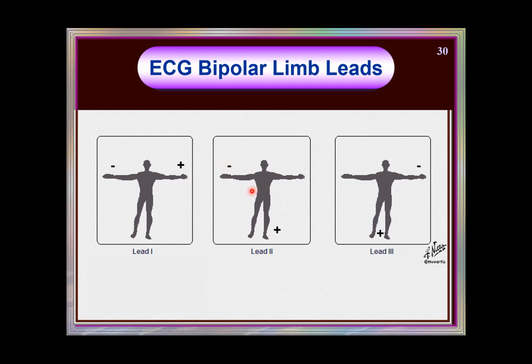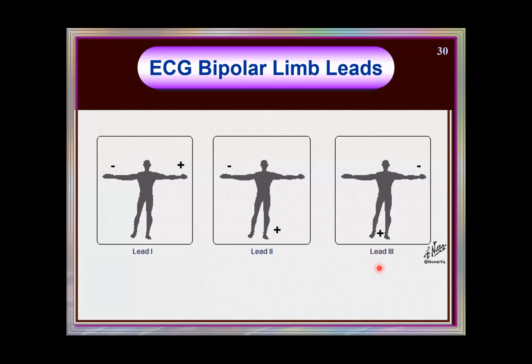The right arm and foot, where foot means the left foot only, is lead 2. Lead 3 is the left arm and foot. There is a little trick here. If a patient has dextrocardia, you need to connect the neutral to the left foot and this one to the right foot. This is not usually done. There may be a mild difference in the ECG recording, but it is better to adhere to that.